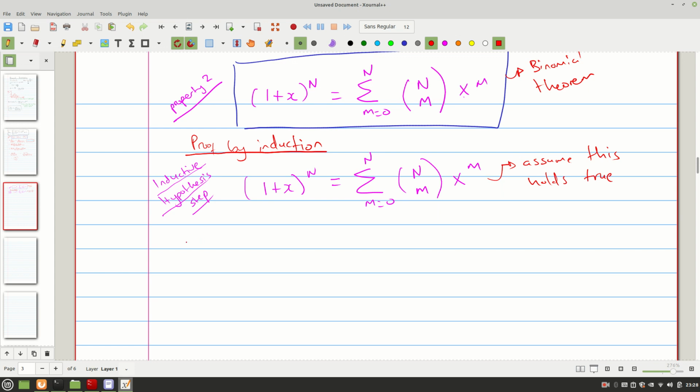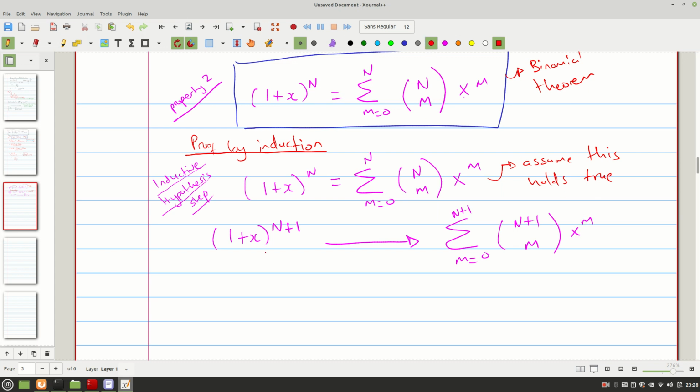Which means we are now trying to prove, in our inductive step, that 1 plus x to the n plus 1 should give us the summation from m equals 0 up to n plus 1 of n plus 1 choose m times x to the m.